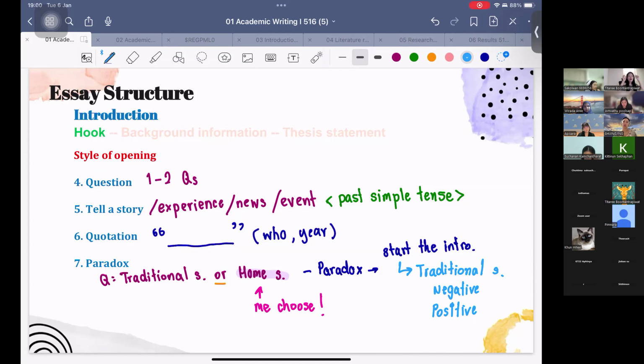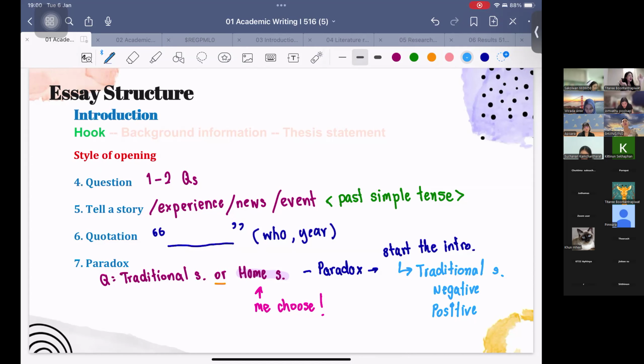And when you write the quote, make sure that you say who said this sentence, as well as when it was mentioned. Einstein said this thing in 18 something. I don't know, I wasn't born then. Sorry.